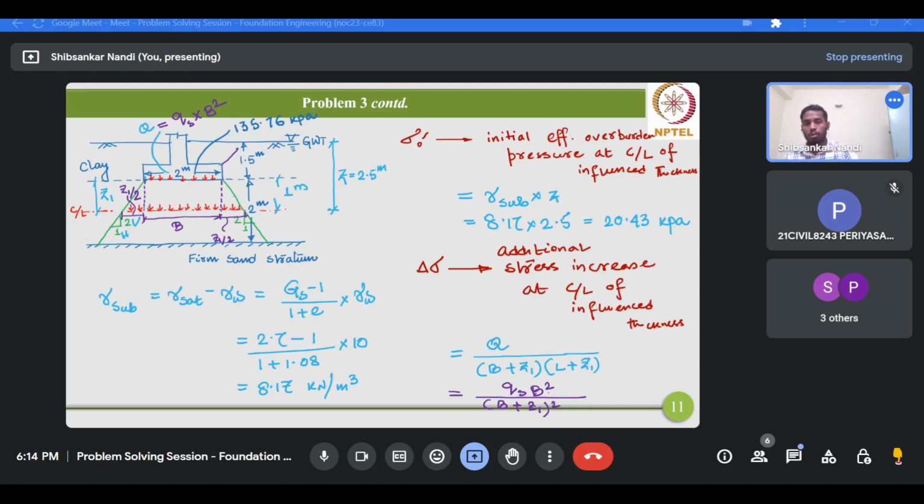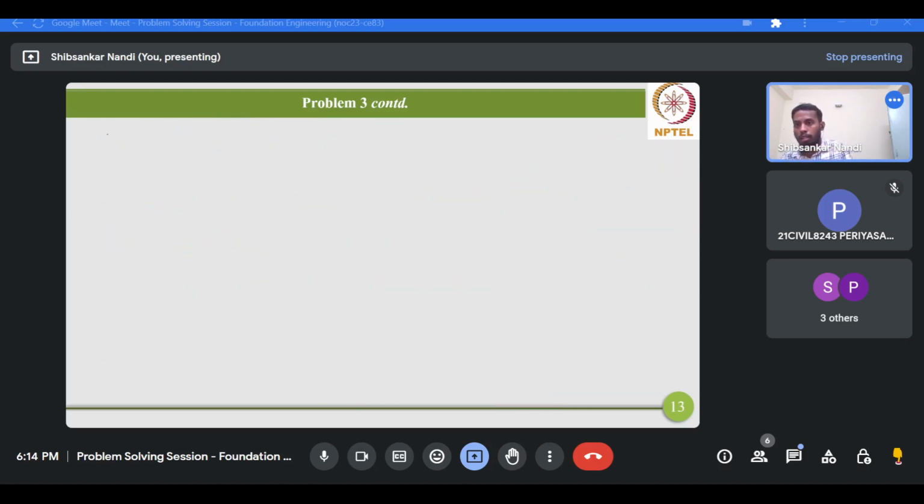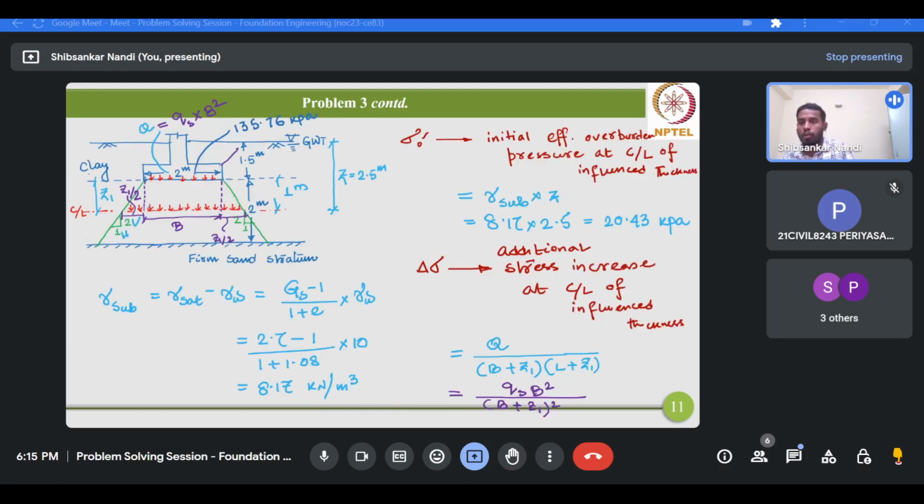So therefore now we'll calculate the delta sigma. So delta sigma would be QS, so 135.76 multiplied by 2 divided by 2 plus Z1. Now what is the value of Z1? So it's simply 1 meter. Okay.